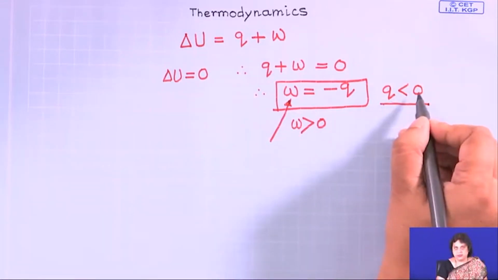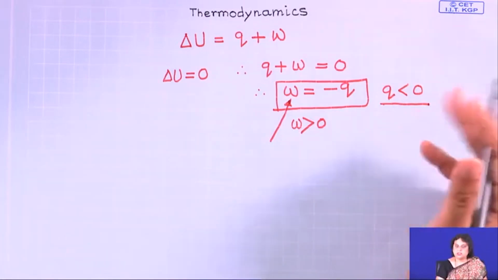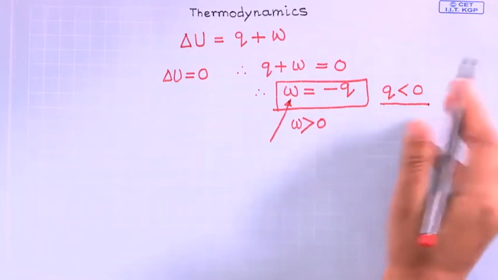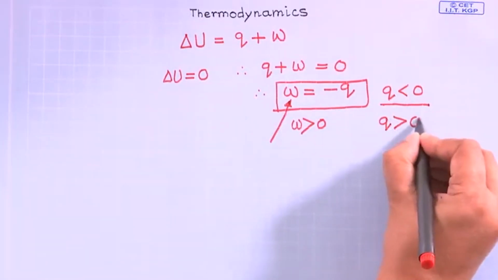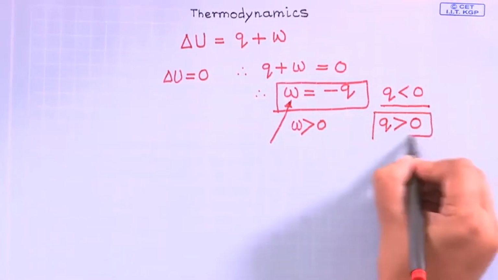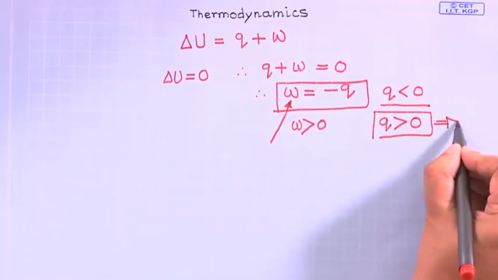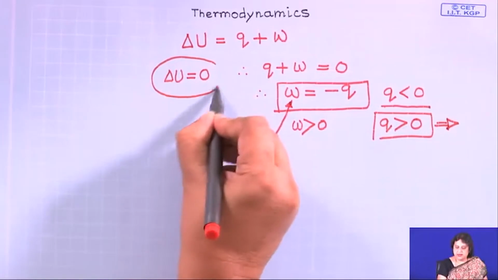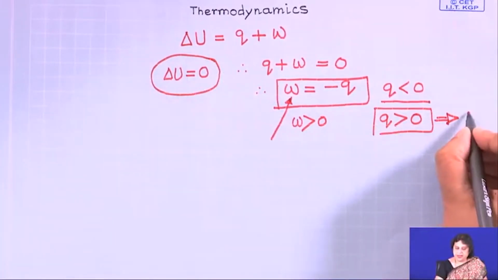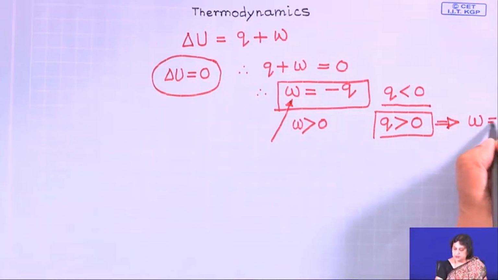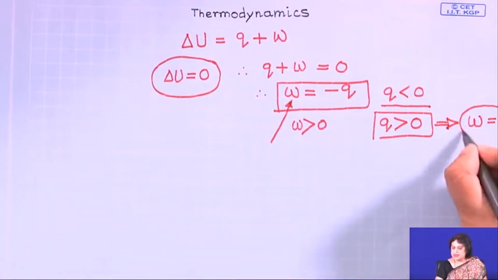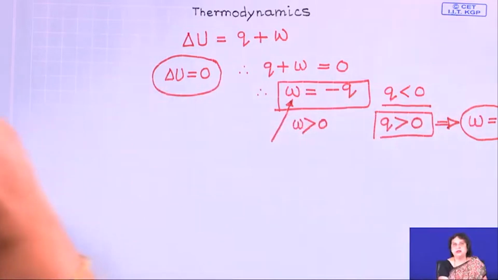Q less than 0 corresponds to the heat lost by the system. Or in the other direction, if Q is greater than 0, that is the system gains heat, this implies that for the condition where ΔU = 0, I must have W equal to whatever heat has been supplied to the system.